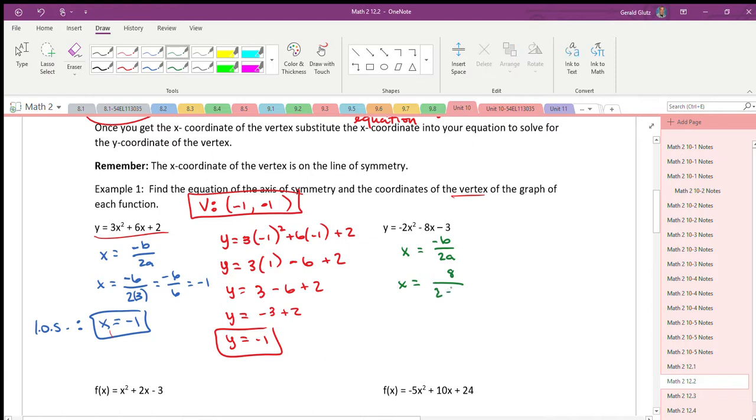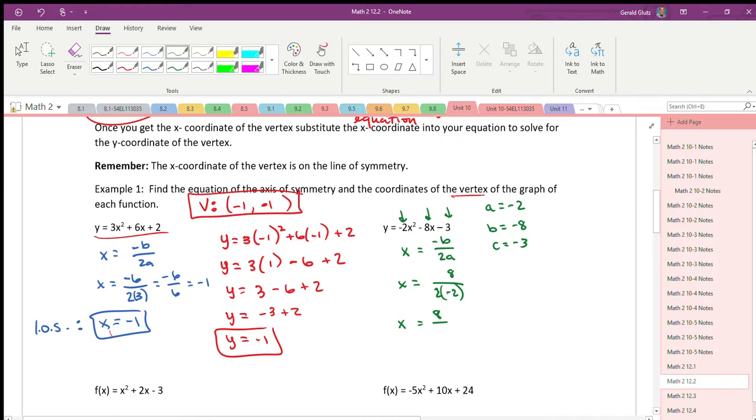So 2 times negative 2. And maybe it'll help you if you just write out a, b, and c. So a equals negative 2, b equals negative 8, c is negative 3. We don't really need c yet. We will use that in the future. That's just an option if it'll help you stay more organized.